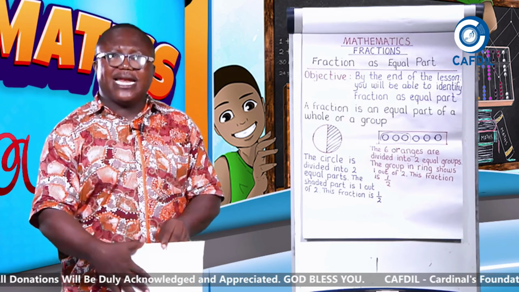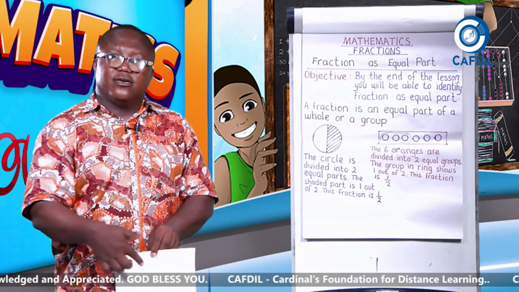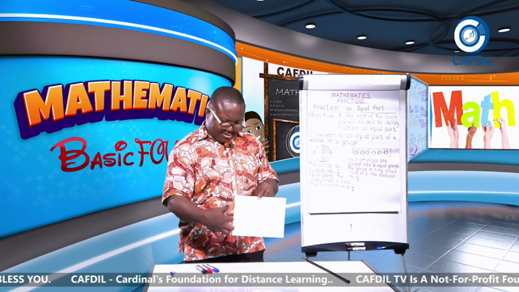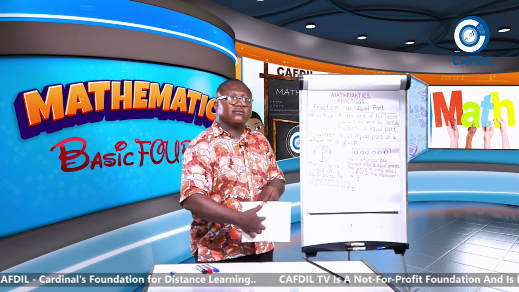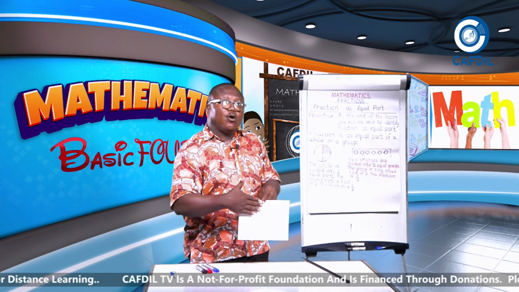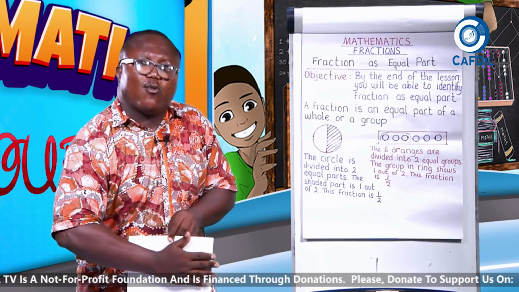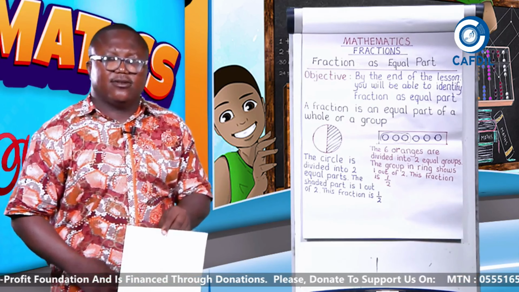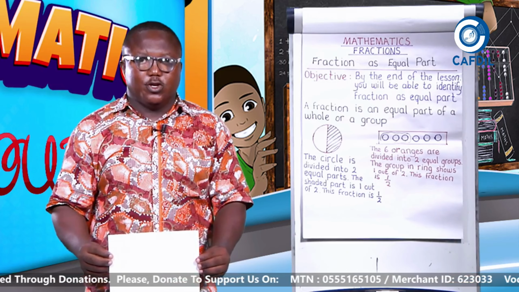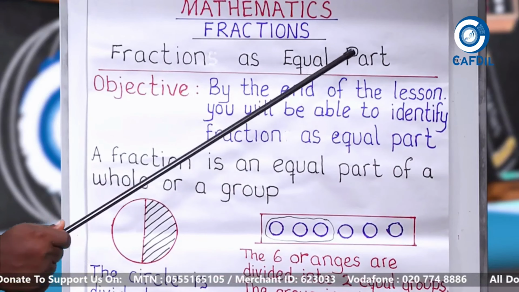And you can see that one half is here and then the other one half is here. When you look at it very well, you see that this side is equal to this side. This one half sheet here is equal to the other one half sheet here. So that is why we are saying that today we want to look at fraction as equal parts.